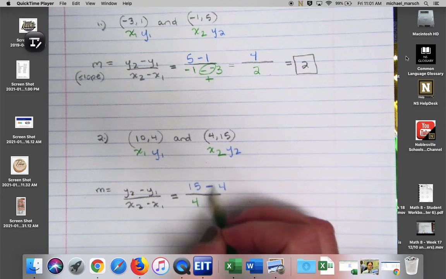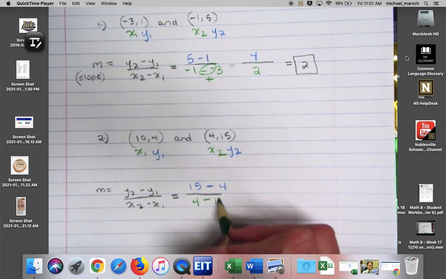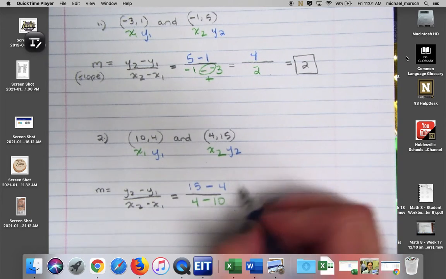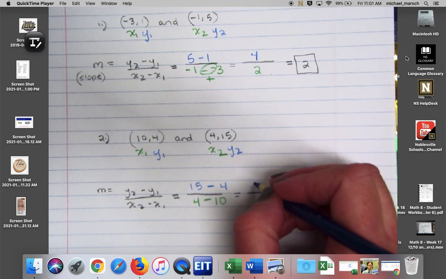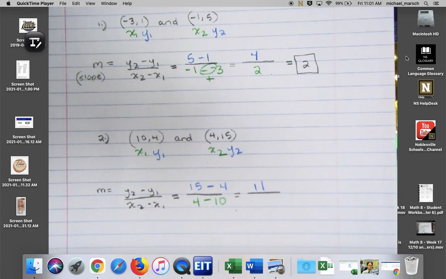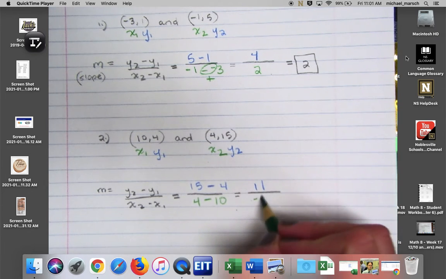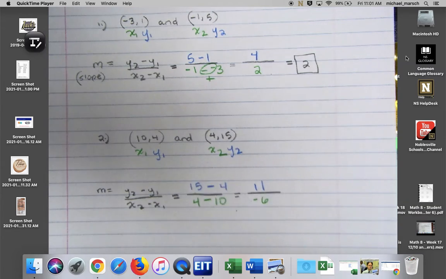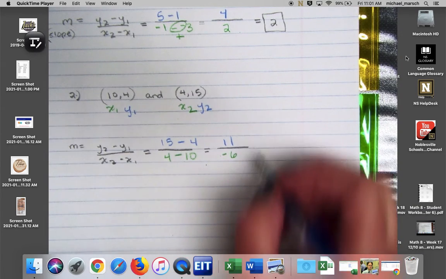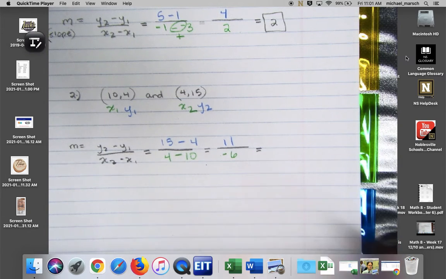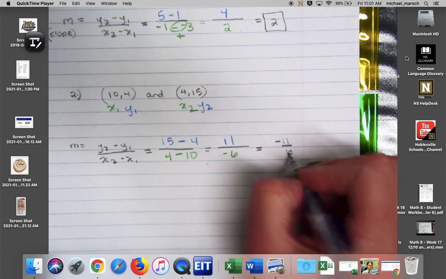And what's my x1 value? 10. So then I'm going to do the math. 15 minus 4? 11. 4 minus 10? Negative 6. So my final answer is going to be negative 11 over 6.